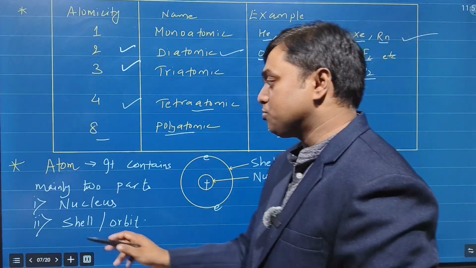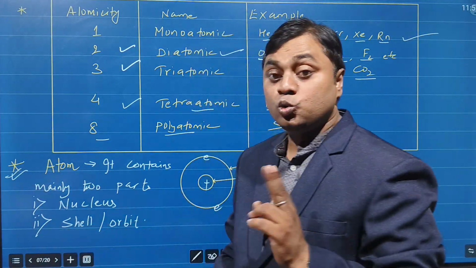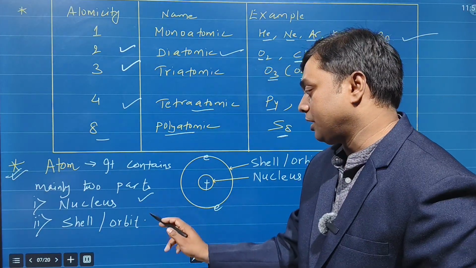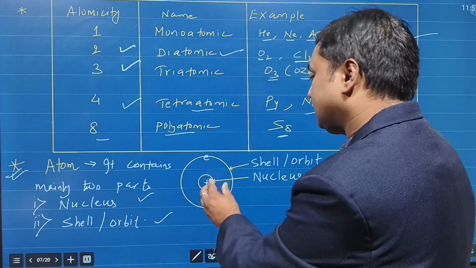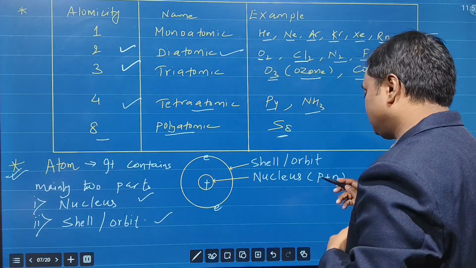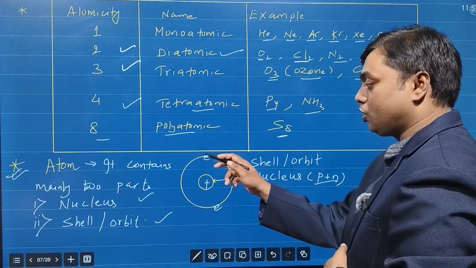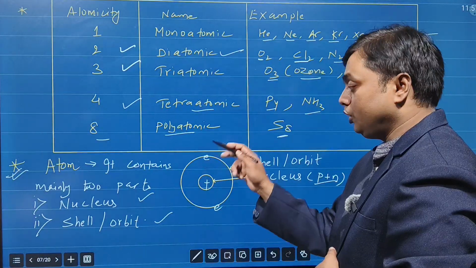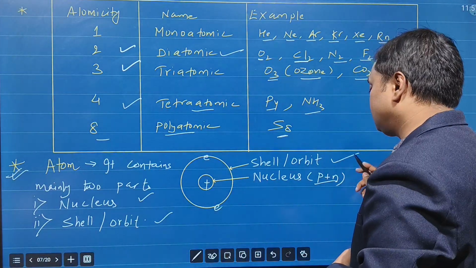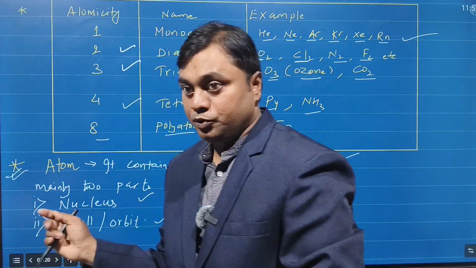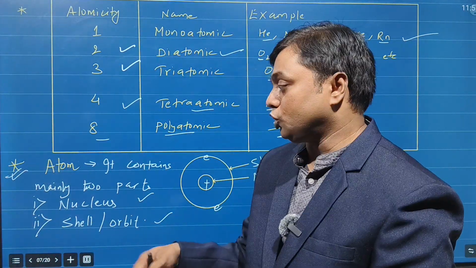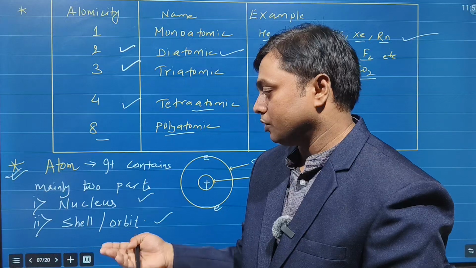So basically atoms have 2 main parts. One part is nucleus, second part is orbit or shell. What is the nucleus? Nucleus is nothing but the central part of the atom which contains protons and neutrons. And electrons are revolving around the nucleus in a circular path, that is called orbit or shell. That you should know.